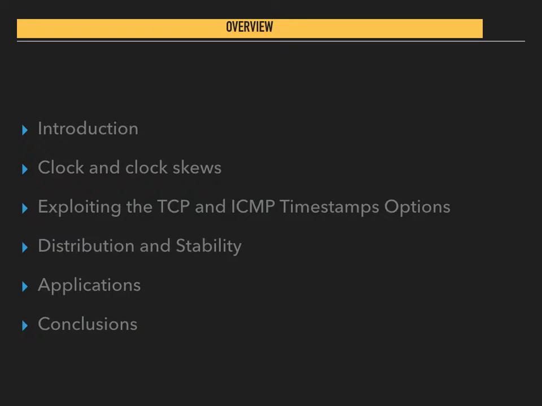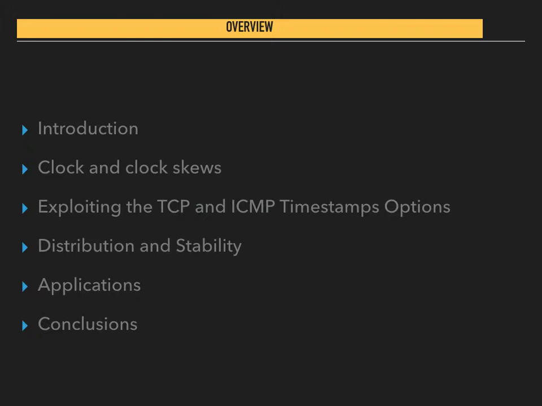Here is the overview of what I'm going to present today. I'm going to do a quick introduction about the fingerprint and some background about the clock and the clock skews, which is used to create the fingerprint in this paper.